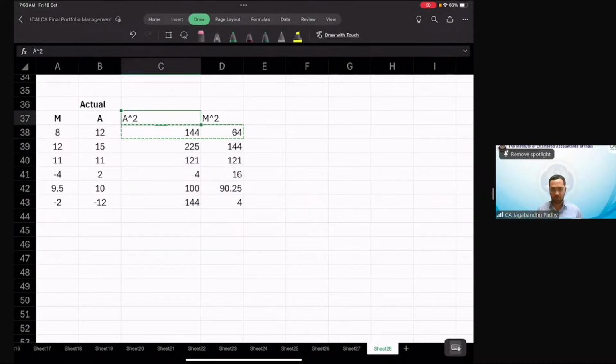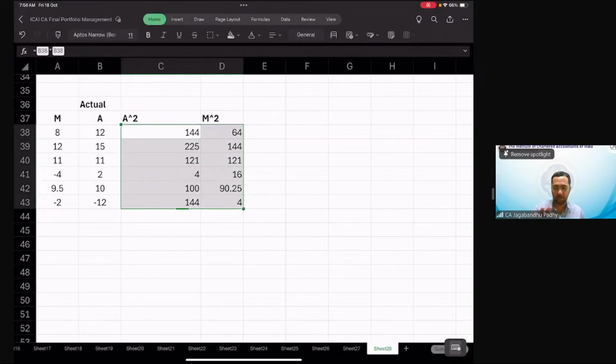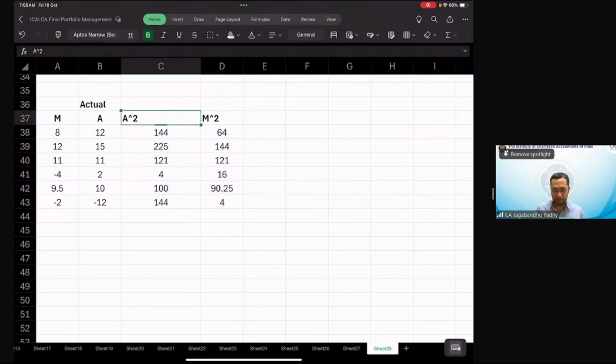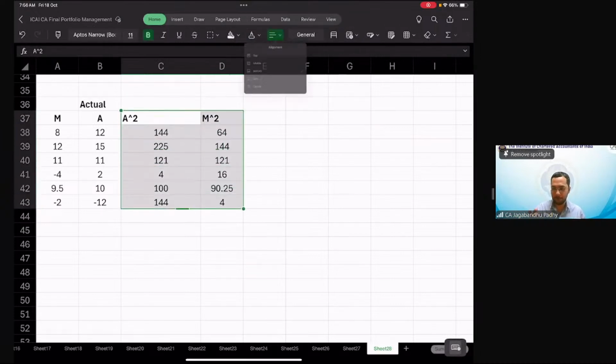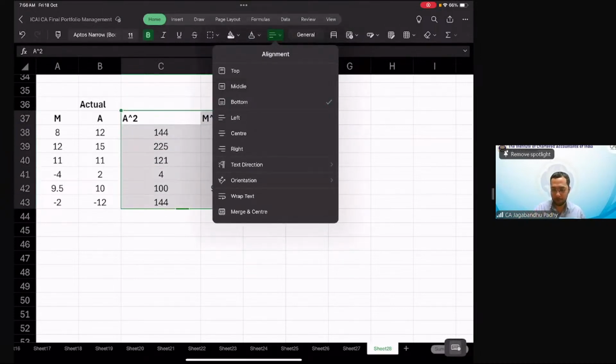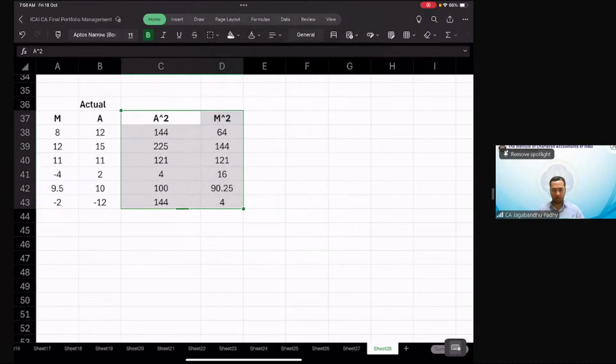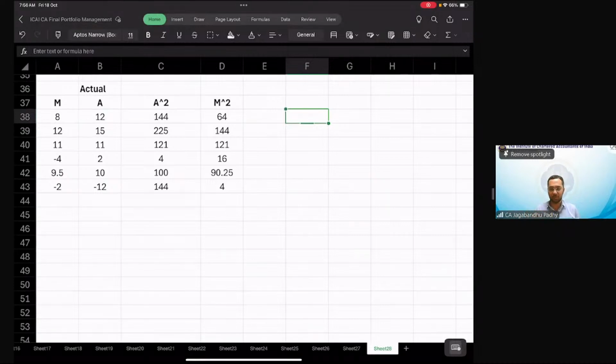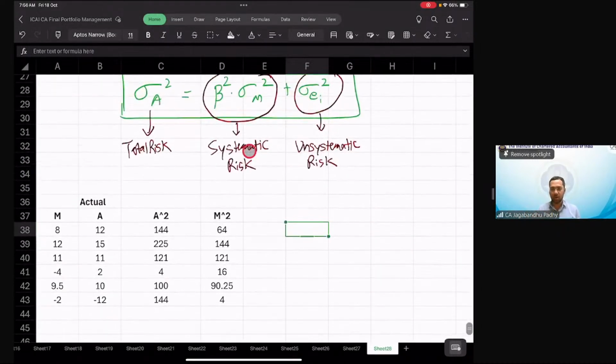These numbers are kept over here. Now we need to compute the variance of market and the variance of A, because I have to apply this formula.